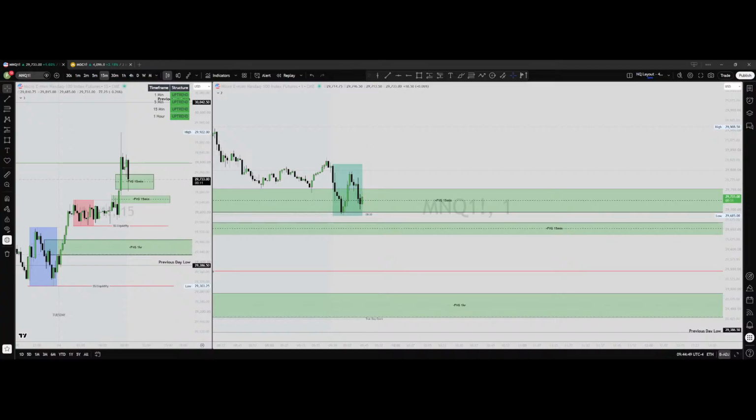Okay, 10 more seconds. We'll see the candle close now. Okay, the first 15-minute candle has closed. It has taken down liquidity below this lower low here. Now let's see.